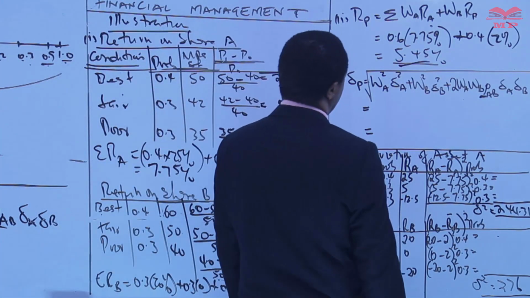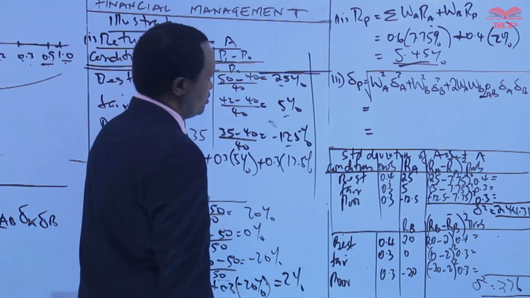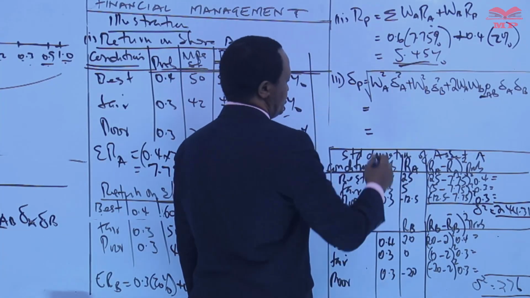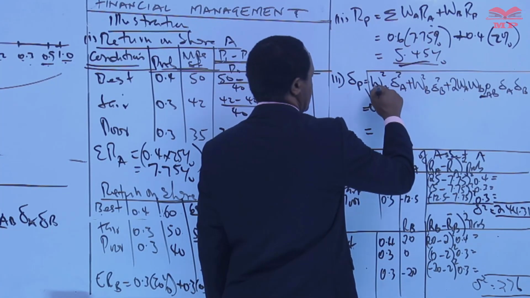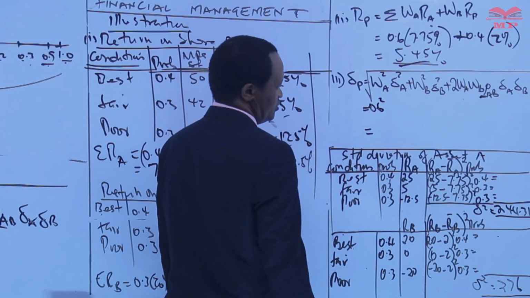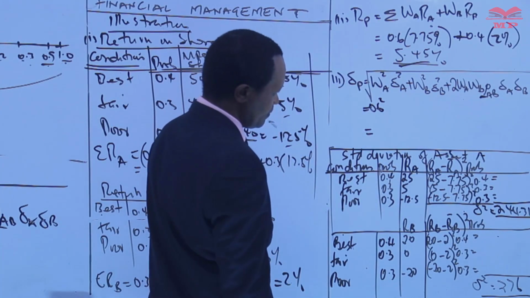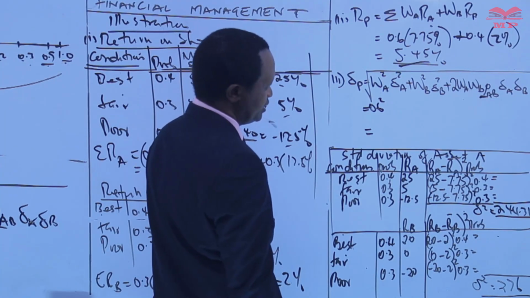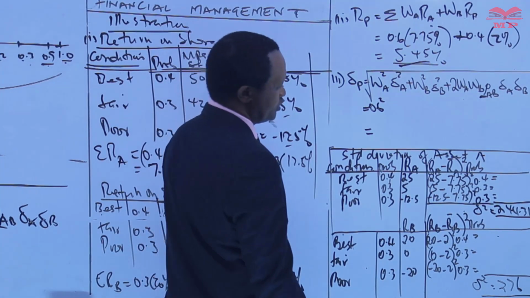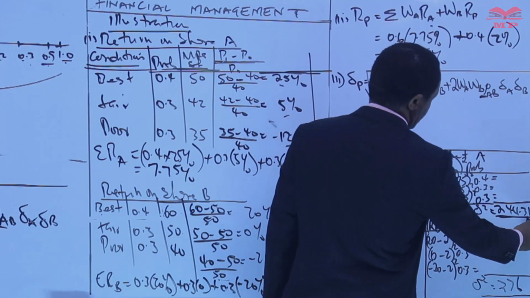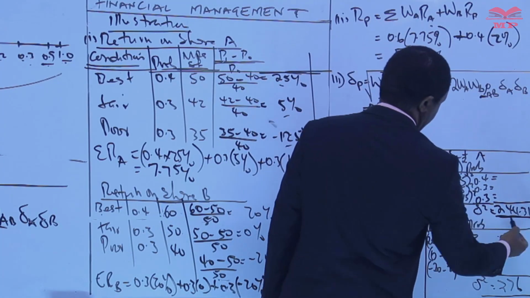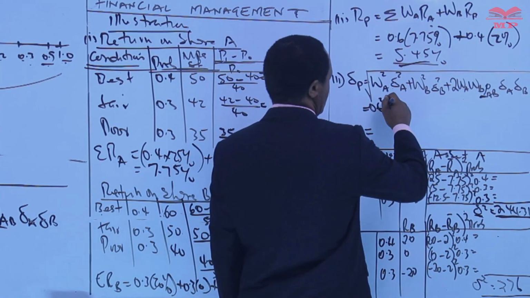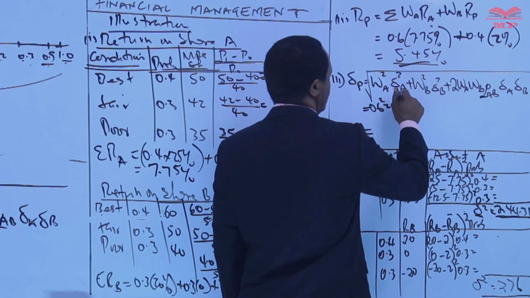So let's then do this. Risk, what is the risk? Square the proportion of A, which is 0.6. What is the standard deviation? Standard deviation is the square root of the variance, which you already have. You don't need to square it. We already have the variance. This is a variance. The variance there is 244.